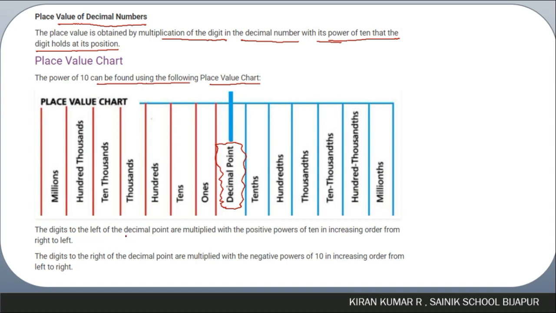The digits to the left of the decimal point are multiplied with positive powers of 10 in increasing order from right to left.